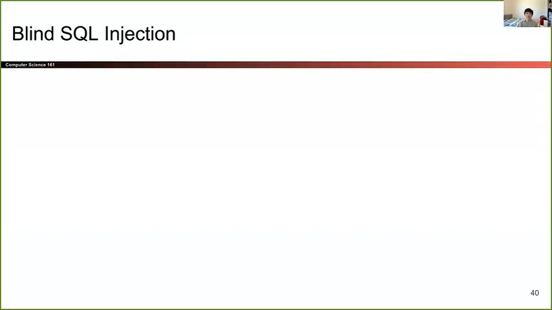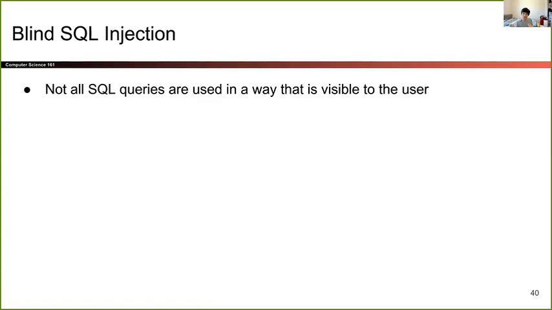All right, so that's SQL injection, but we don't always have an obvious return, or we don't always get to see the return value of the SQL server in an obvious way. Sometimes we might get that. So if we're getting a list of products, maybe that will happen, but sometimes this is not the case.